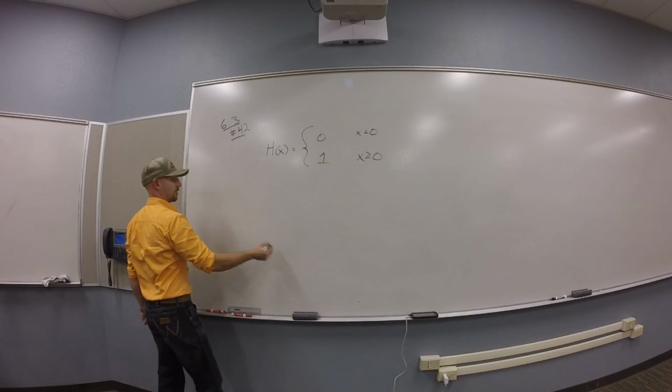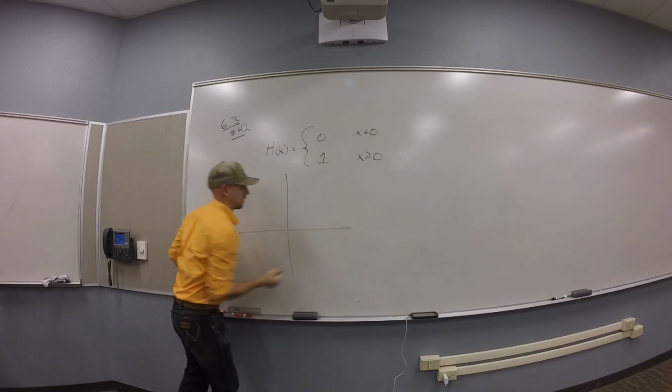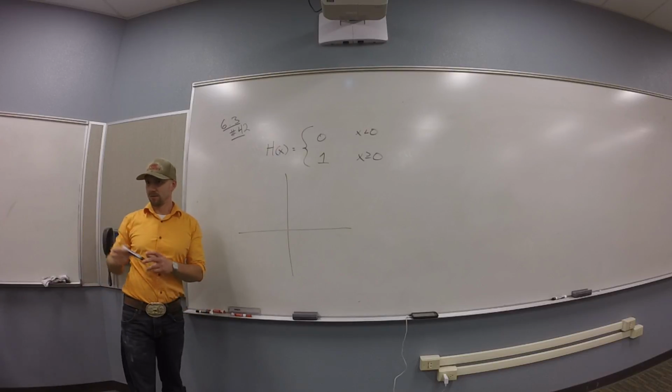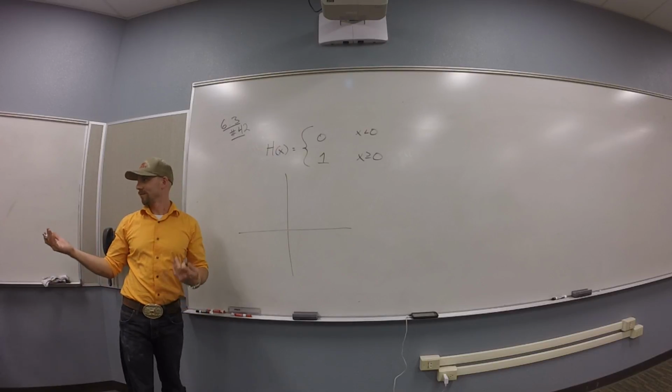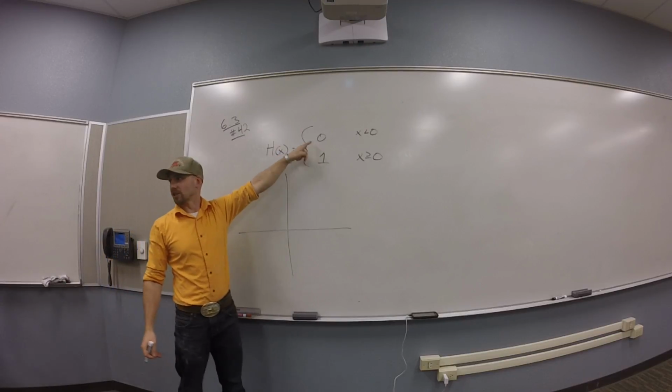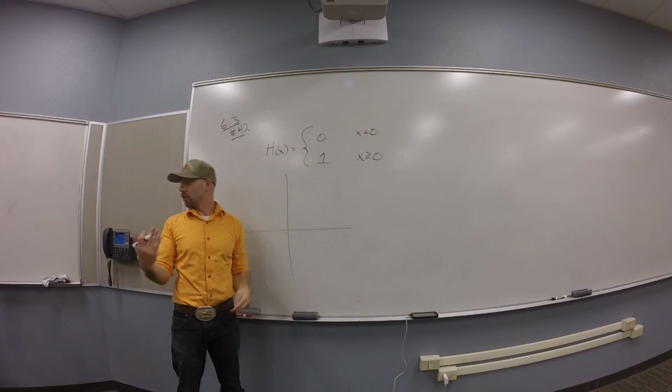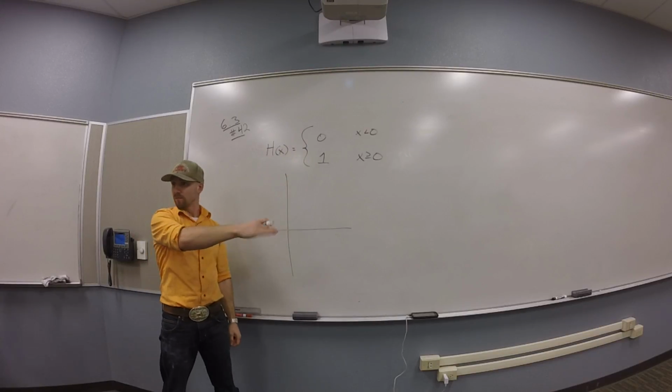You guys need a picture? Picture this thing for me. Is it kind of like an exponential? No, the output's only two things, right? The output's 0, so the function looks like the x-axis.